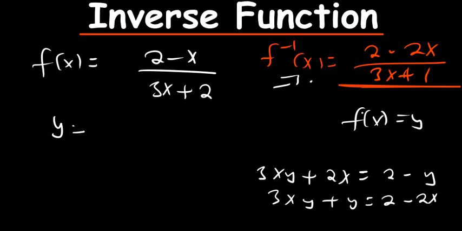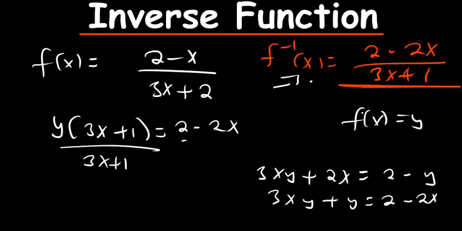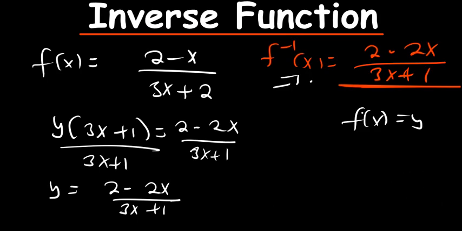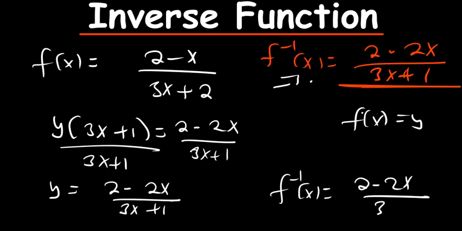So y times 3x plus 1 being equal to 2 minus 2x. Divide both sides by 3x plus 1. So y will be equal to 2 minus 2x divided by 3x plus 1. This function which you have now is the inverse. So you just say f inverse of x is equal to 2 minus 2x divided by 3x plus 1.